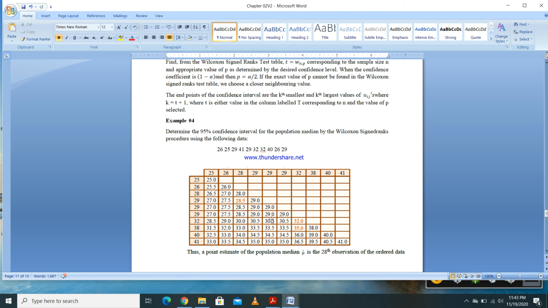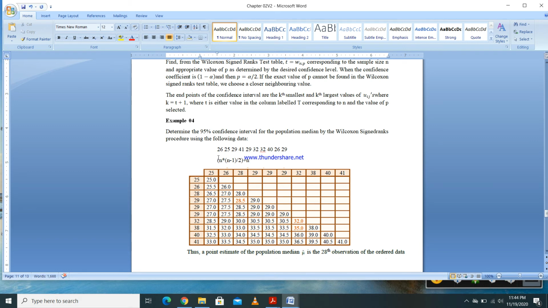If you count how many possible mean values you have calculated, if you have n values in your data set, you will get n into (n minus 1) divided by 2, plus n number of pairs.